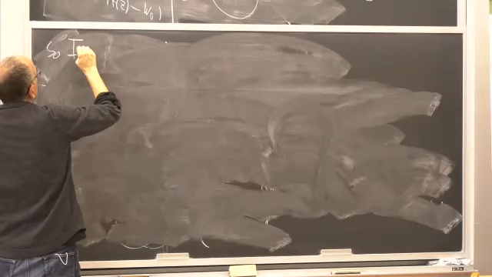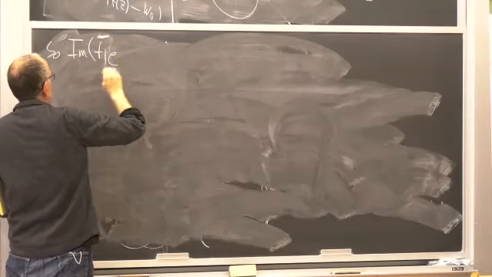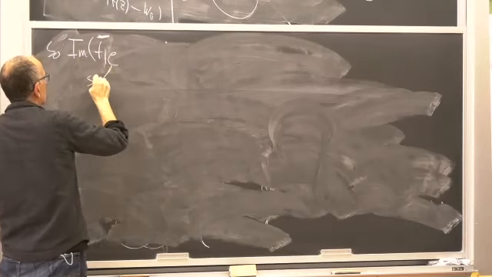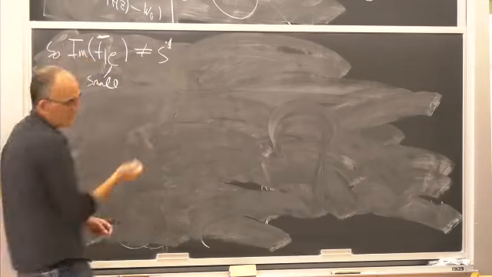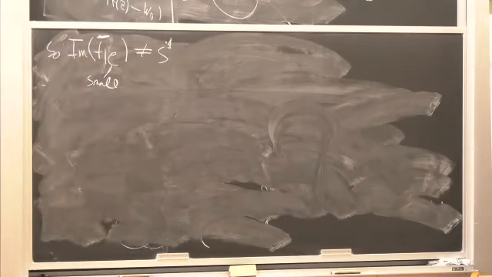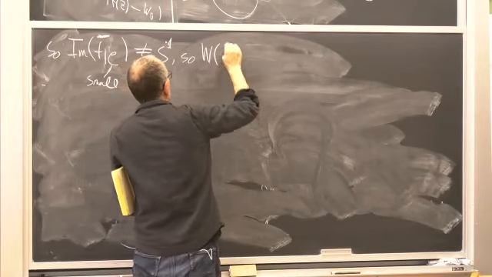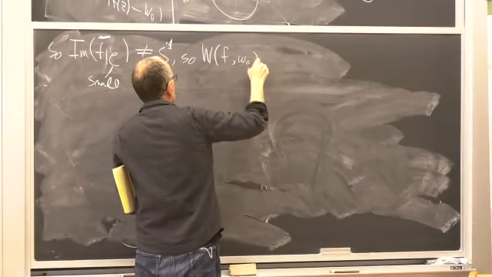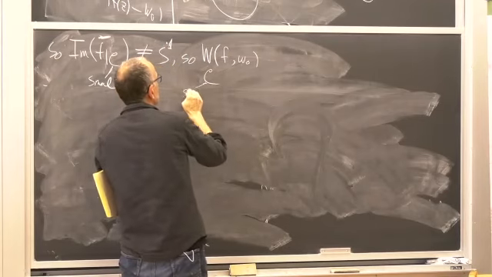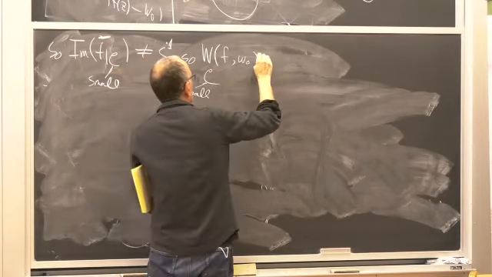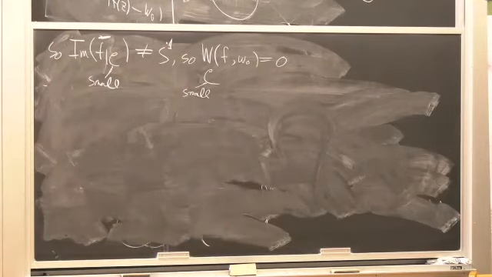So the image of F bar restricted to this small c is different than S1. We just will cover a small arc, maybe inside S1. So the winding number of F around W0, this new C, small c now, is 0.